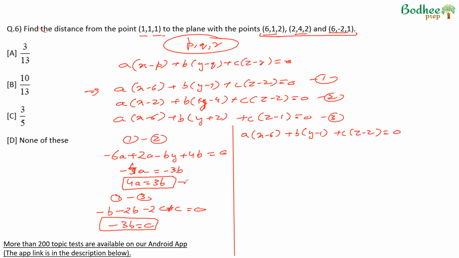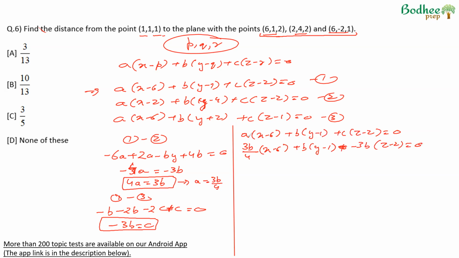Now from here a can be written as 3b by 4. So we write 3b by 4 into x minus 6 plus b into y minus 1. c can be written as minus 3b, so minus 3b into z minus 2 is equal to 0.